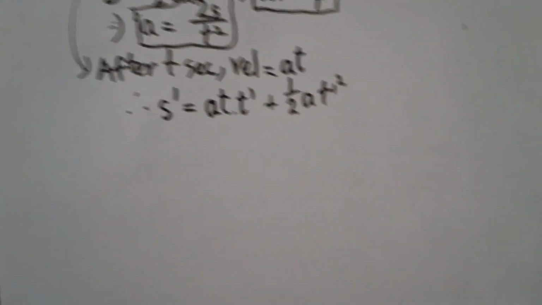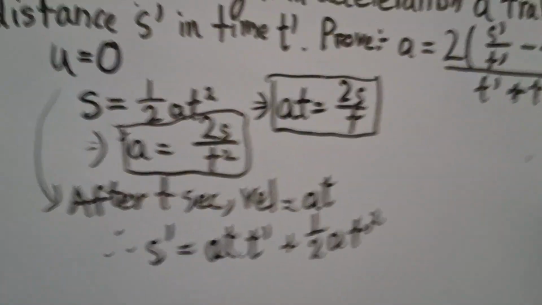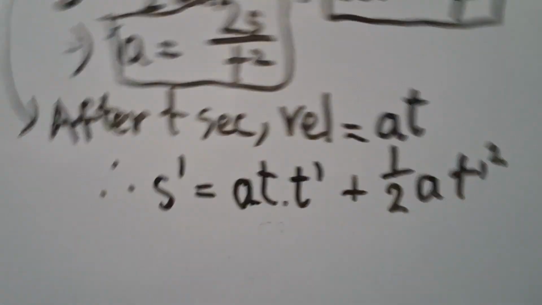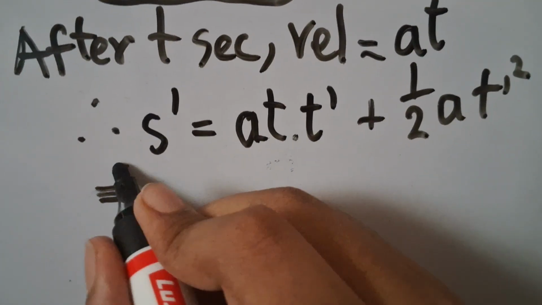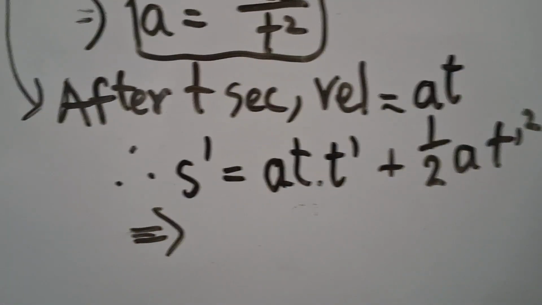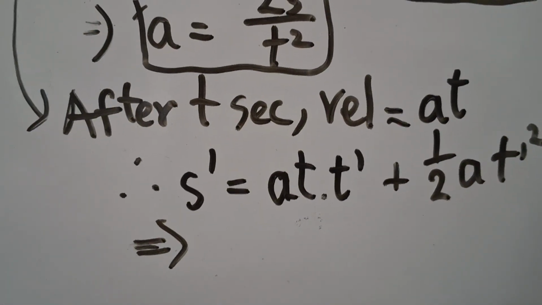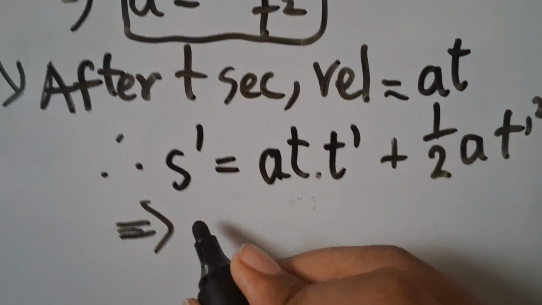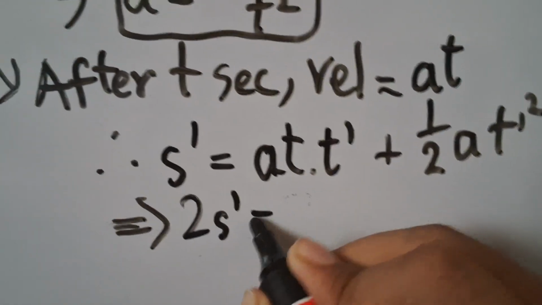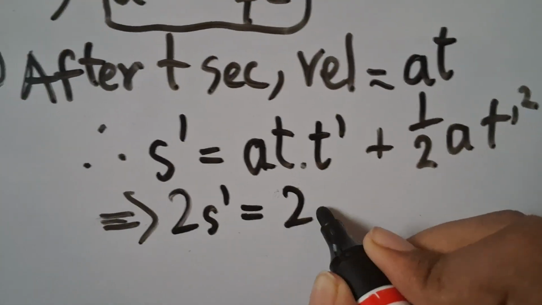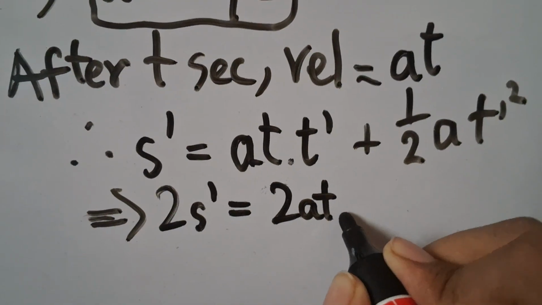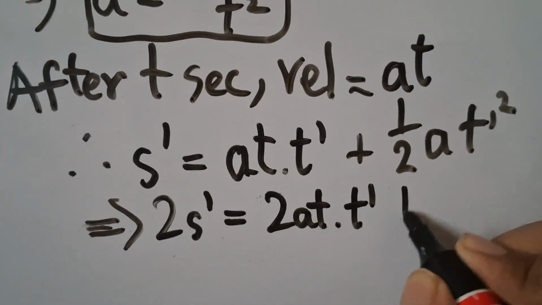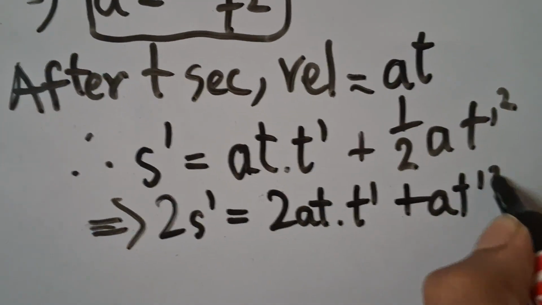So let's do something. You're going to get the value of a from this equation, right? Multiply both sides by 2. This gives 2s dash equals 2a t t dash plus a t dash square.